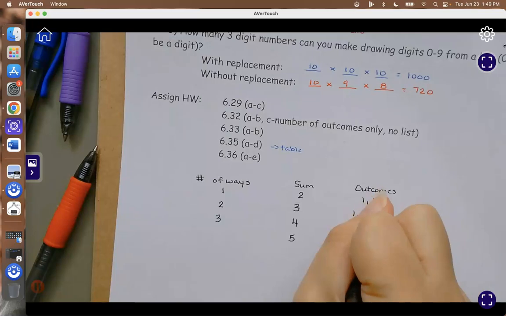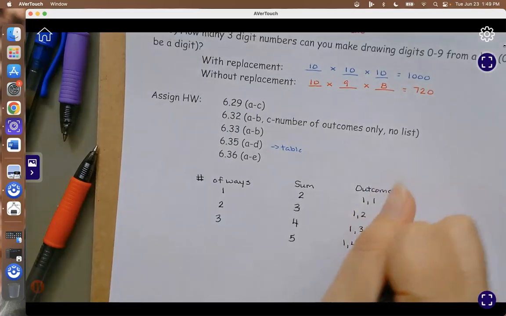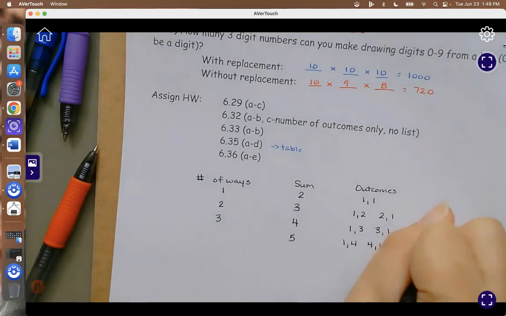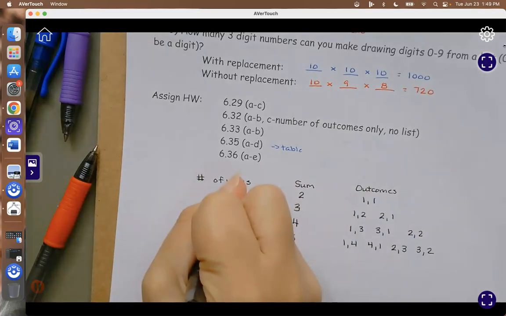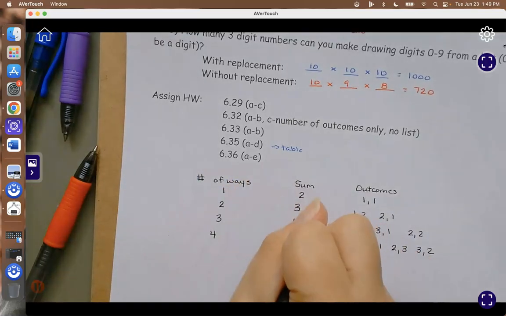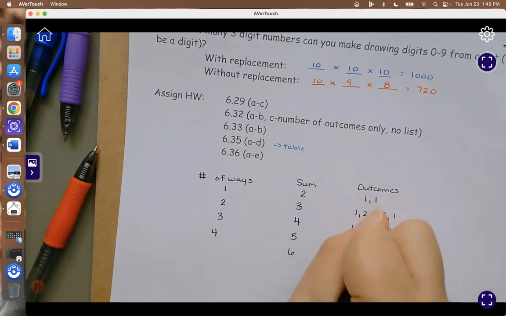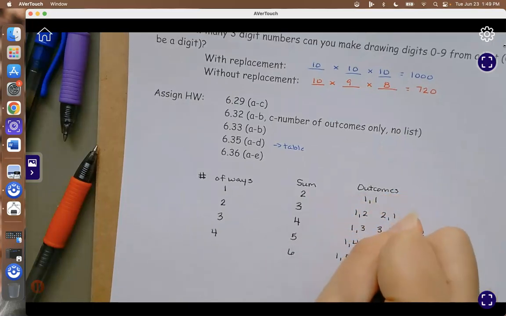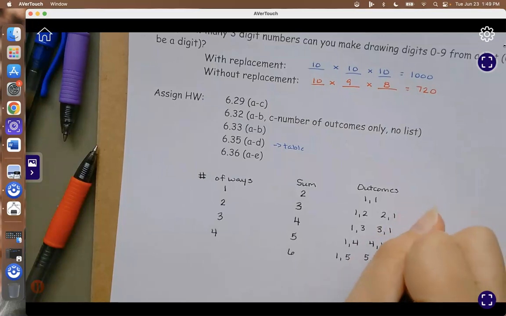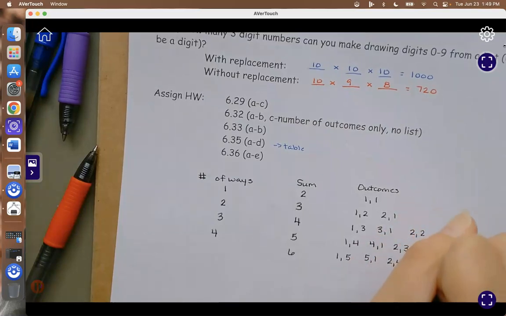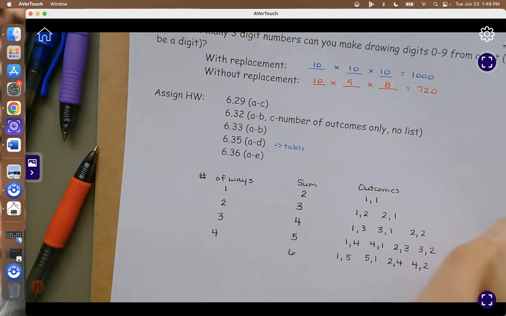A 5, I could get a 1 and a 4, a 4 and a 1, a 2 and a 3, and a 3 and a 2. Then 6, I could get 1 and a 5, a 5 and a 1, a 2 and a 4, a 4 and a 2, and a 3 and a 3.